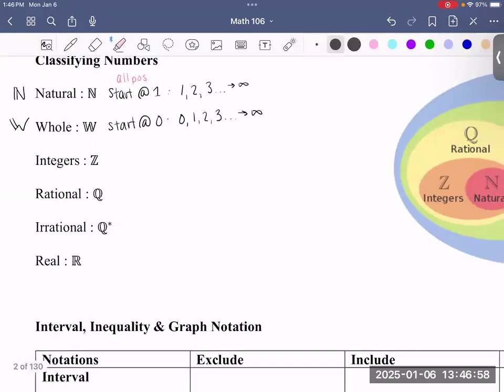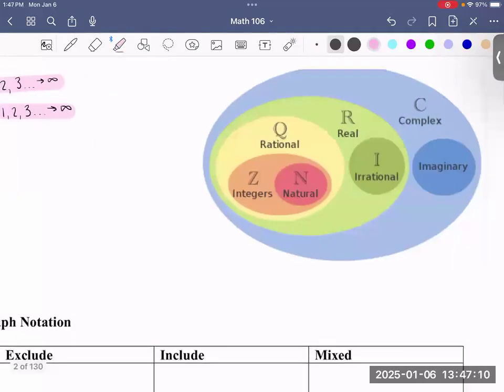Now, are natural numbers found within whole numbers? Yes, you'll see these natural numbers occur within your whole numbers. And if you're looking at your diagram over here, notice that whole numbers aren't shown. However, you could add it here, encompassing natural numbers within it.